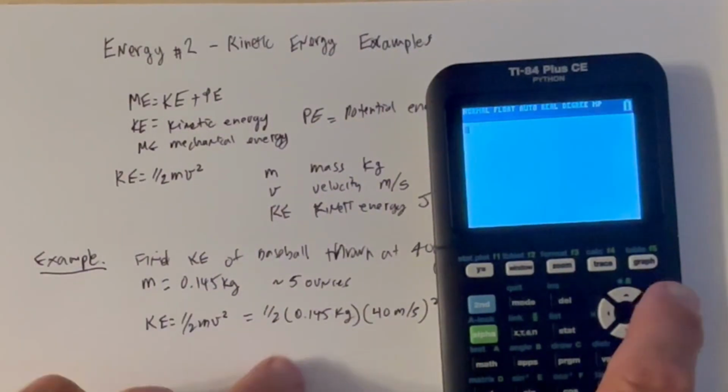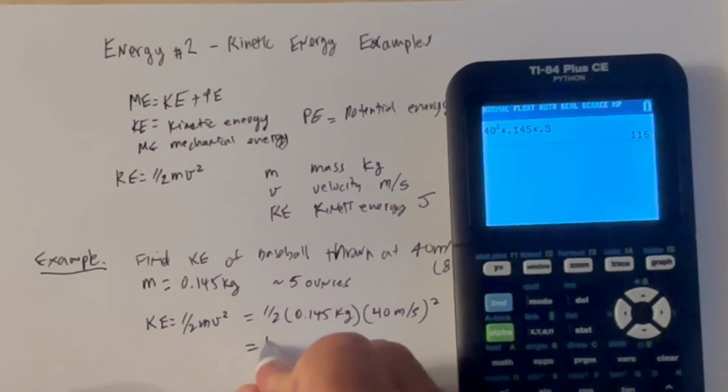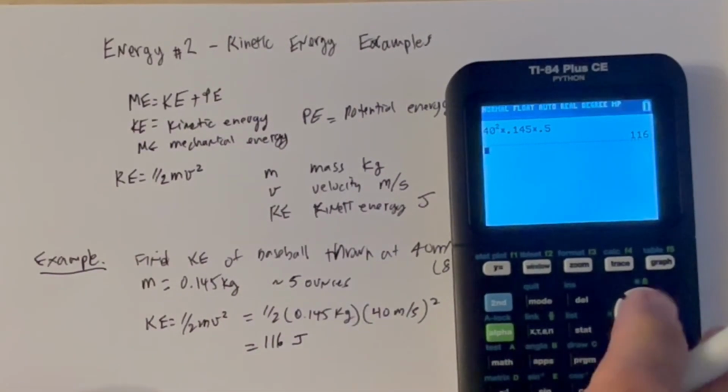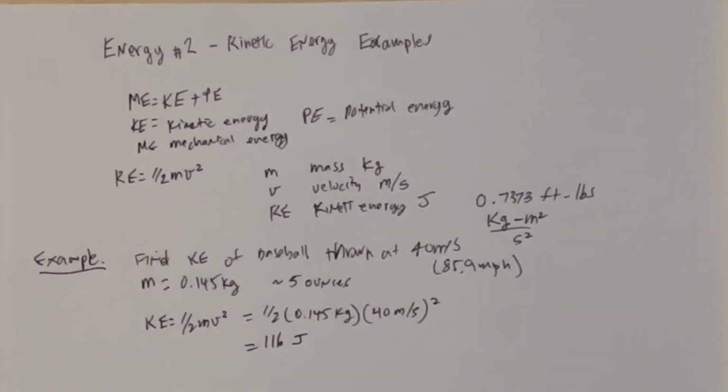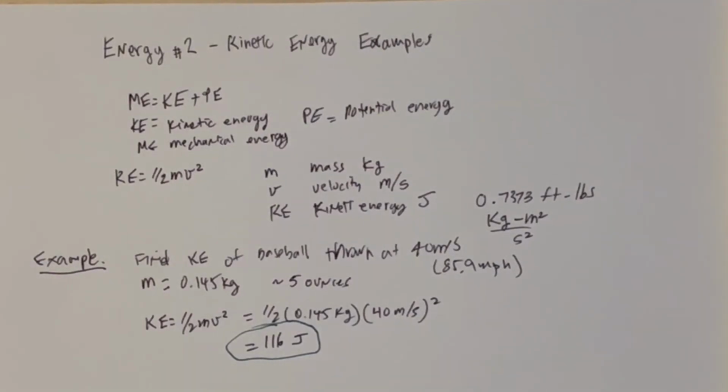We start with 40 squared times 0.0145 times 0.5, that's our half. And we get 116. So that's 116 joules of energy. That's how much energy the baseball is going to have by the time it goes across the plate at basically 90 miles an hour.